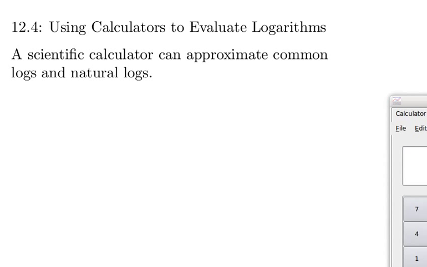If we have log of 10. Well, remember what log of 10 means. If it just says log, that means it's common log, so it's base 10. So we can see, just by hand, that this is the solution of 10 to the power of x equals 10.